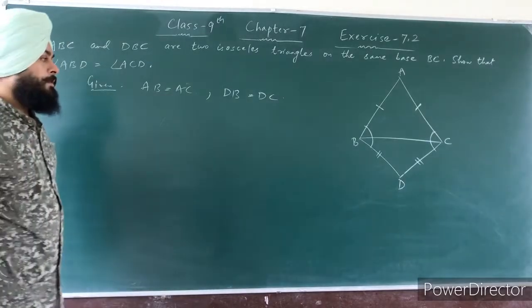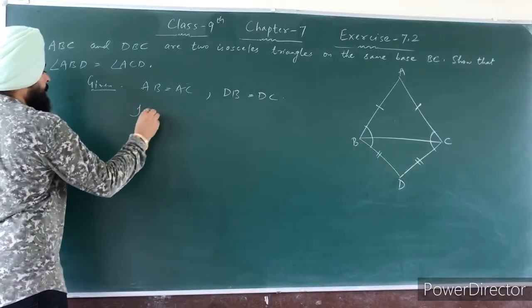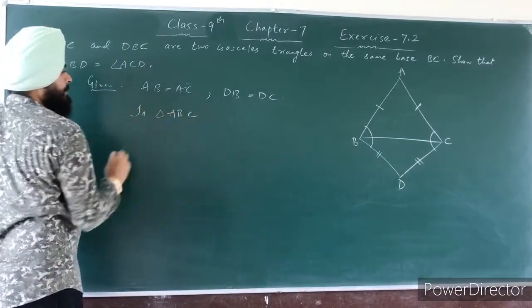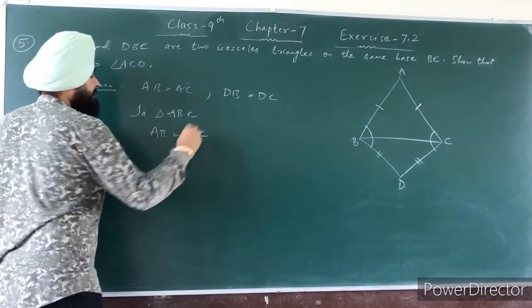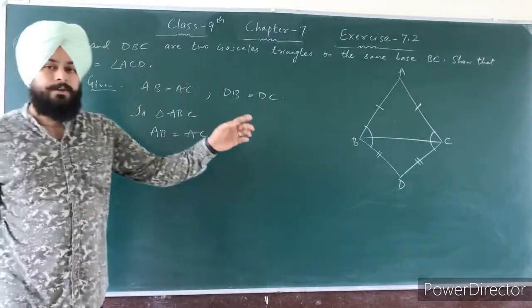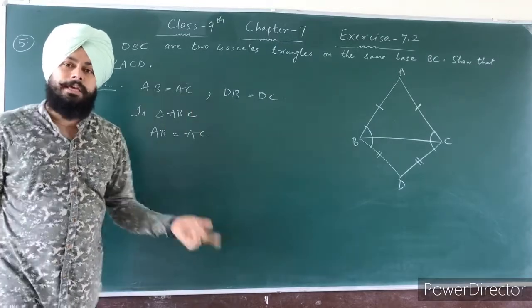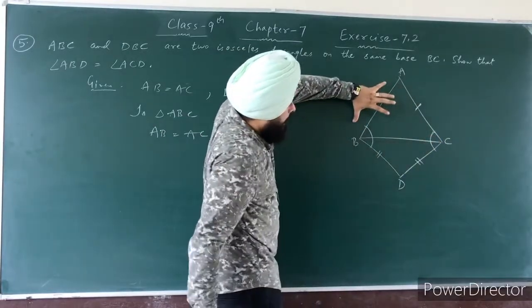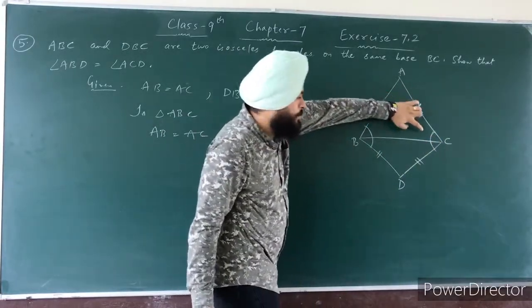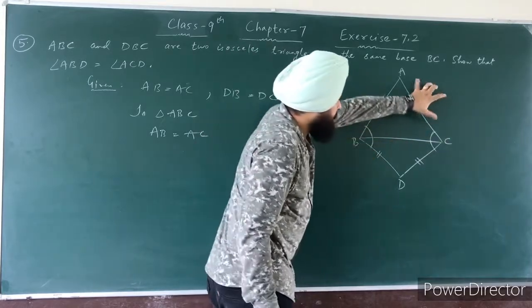Alright. So first you can take this triangle ABC. In triangle ABC, side AB is equal to which one? AC. So if the sides are equal, then what? Angles opposite to the equal sides are also equal. If AB and AC are equal, then the angle opposite to side AB is which one? Angle ACB. And the angle opposite to side AC is which one?